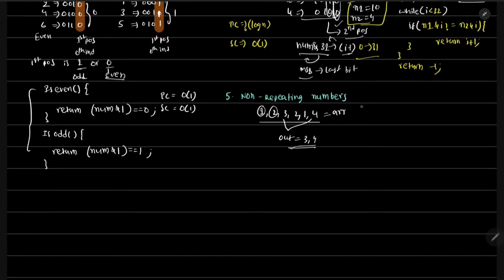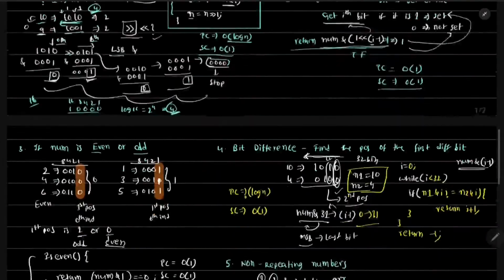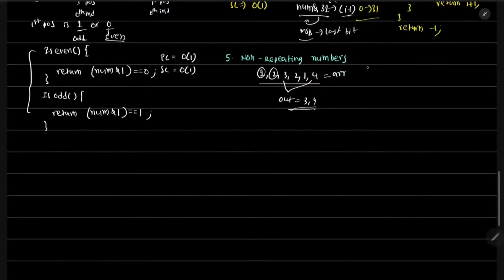If you remember the things we learned in the first page, we have learned something about the XOR operator. What does the XOR operator do? If it is the same number, it will be 0, right? So what happens if I XOR all the numbers here? 1 XOR 2 XOR 3 XOR 2 XOR 1 XOR 4. The 1s will cancel out and become 0.